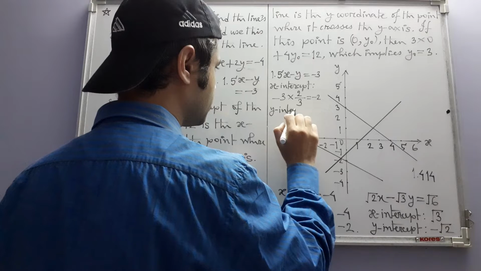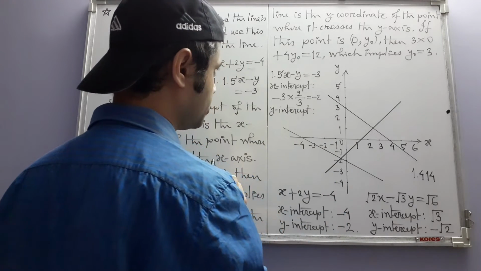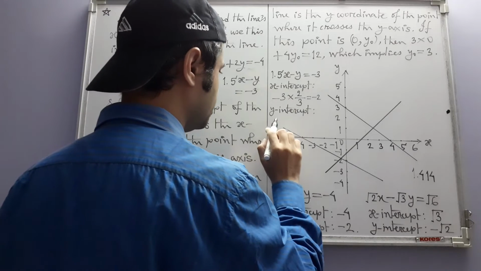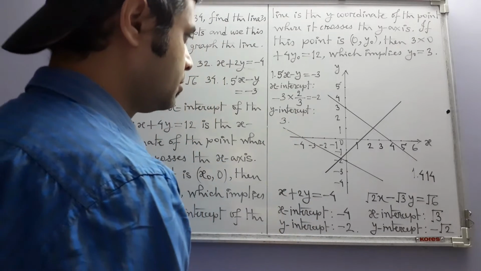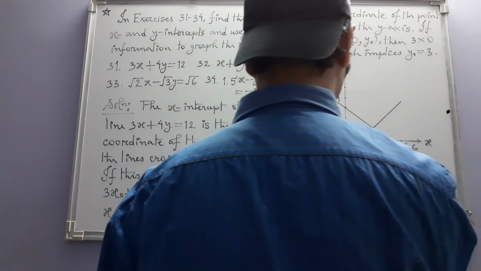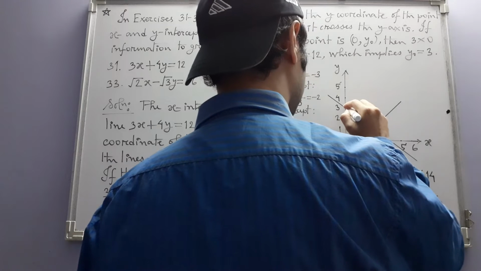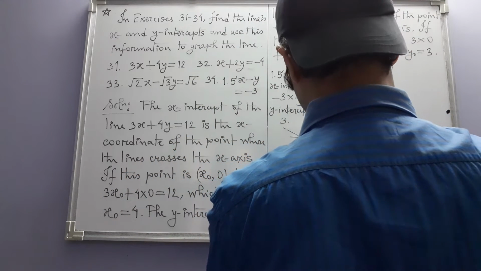And y-intercept is obtained by putting x equal to 0. That is 3. Okay, so here the x-intercept is minus 2 and the y-intercept is 3. So this is the line.